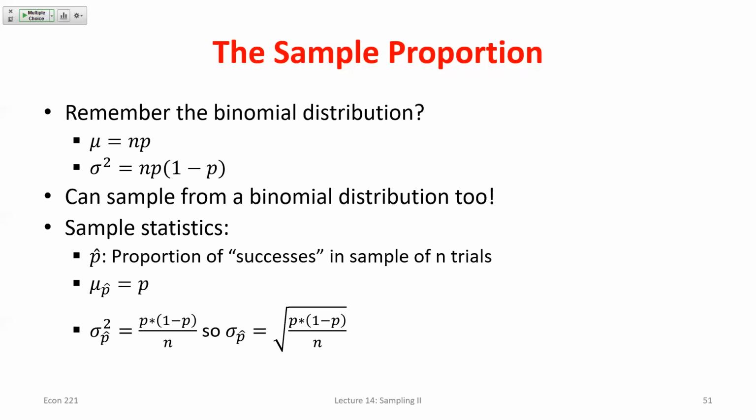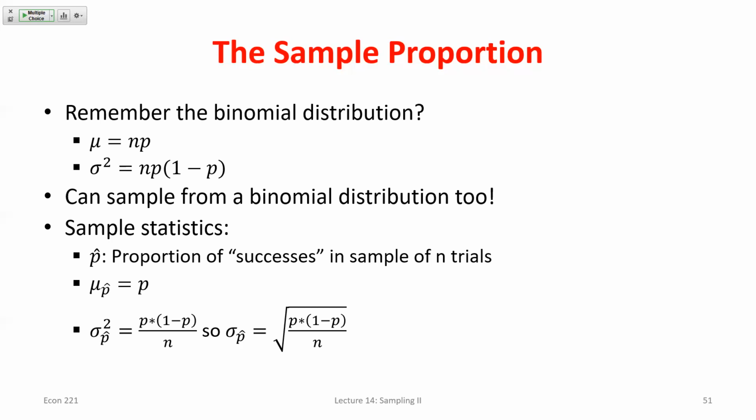The first time I divided by n, that was just because I was turning the number of successes into proportions. From there, when I'm looking at my sample proportions, it's just like with the sample mean. I take the variance of the variable I'm sampling from, whatever we calculate the variance to be. For a proportion, we know the variance of a proportion will be equal to p times 1 minus p.